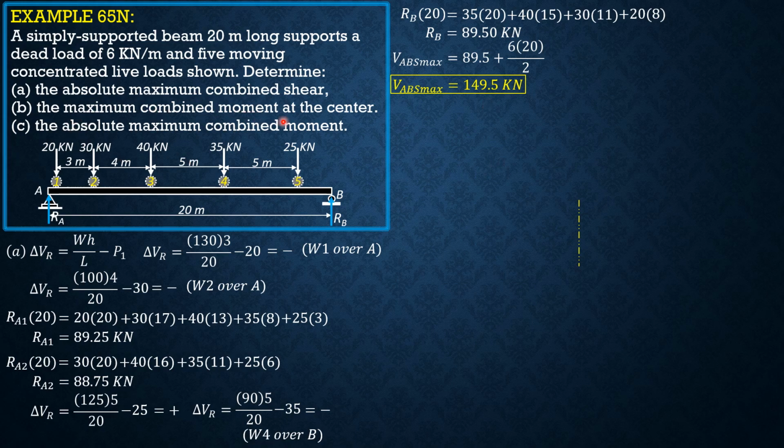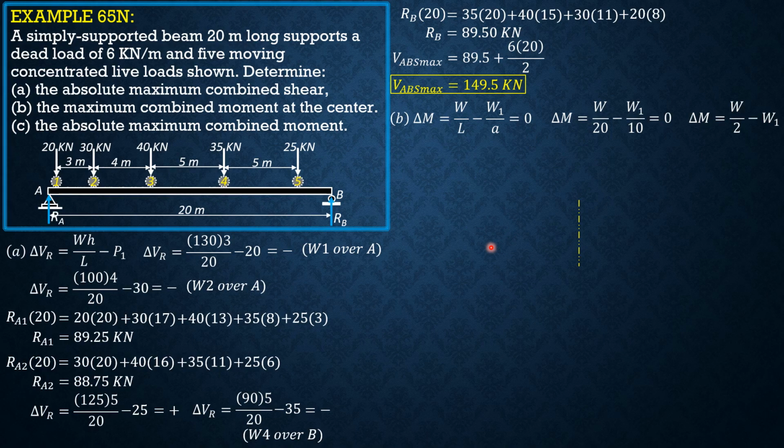Then the maximum combined moment at center. The criterion: delta M equals W over L minus W1 over L over W1 over A, which is L over 2, equals 0. So delta M is W over 20 minus W1 over 10 equals 0, or simply W over 2 minus W1.